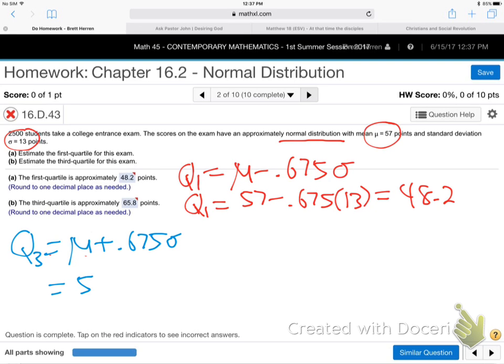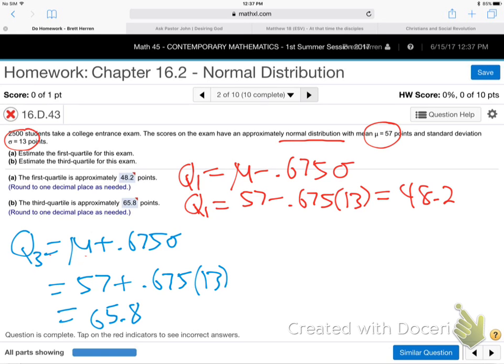So that's 57 plus 0.675 sigma. What's sigma? 13. And then that's where you get the 65.8. That's the Q3. And so there we go, we have Q1 and we have Q3.